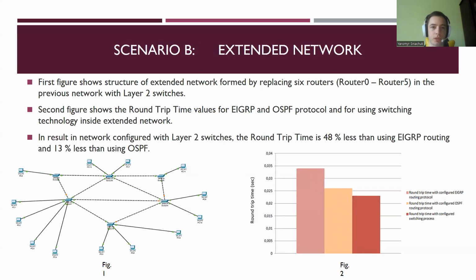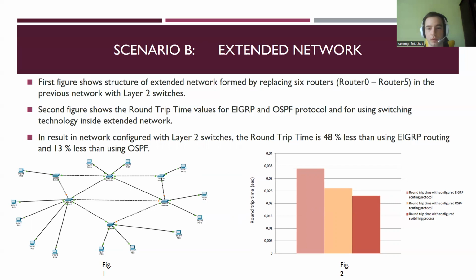Let's look at scenario B with the extended network. The first figure shows the structure of the extended network, formed by replacing 6 routers in the previous network with layer 2 switches. The second figure shows round-trip time values for EIGRP and OSPF protocol, and for using switching technology inside the extended network.